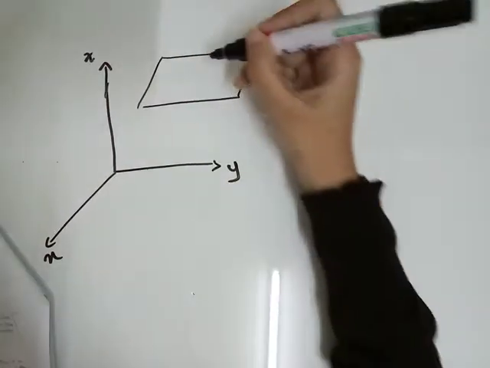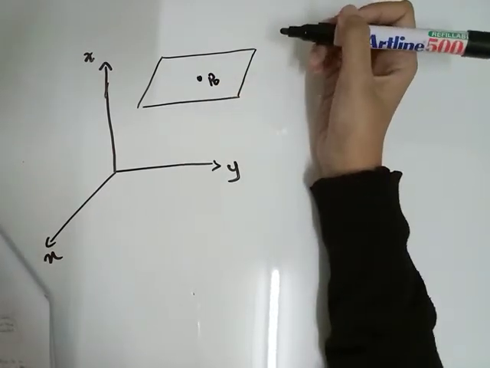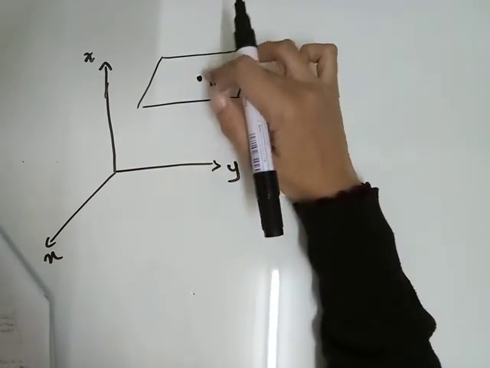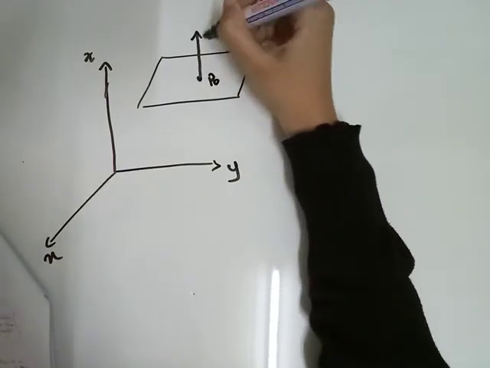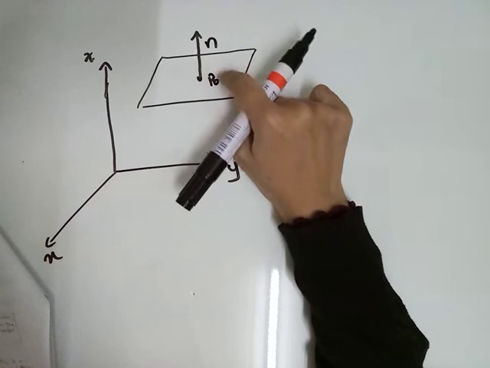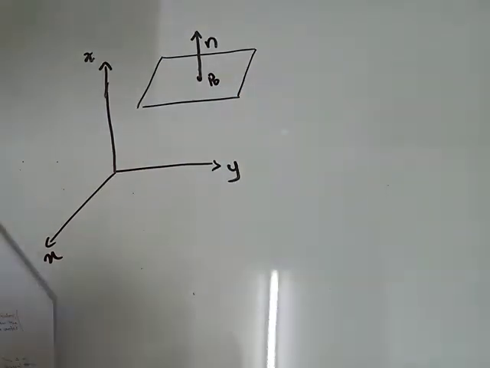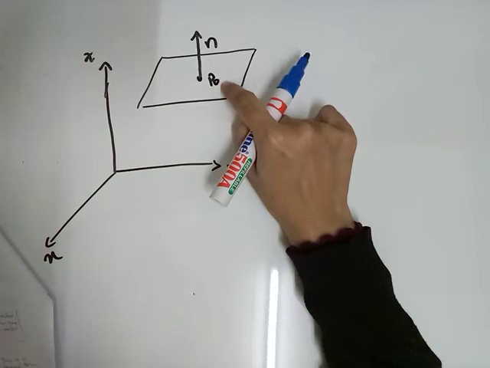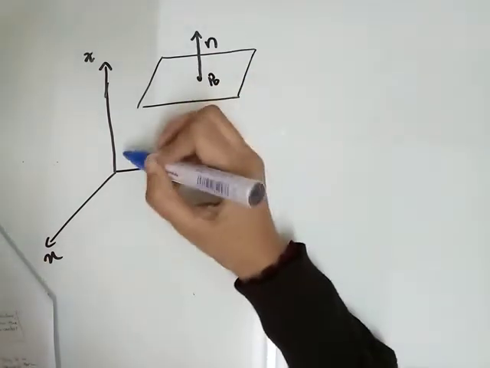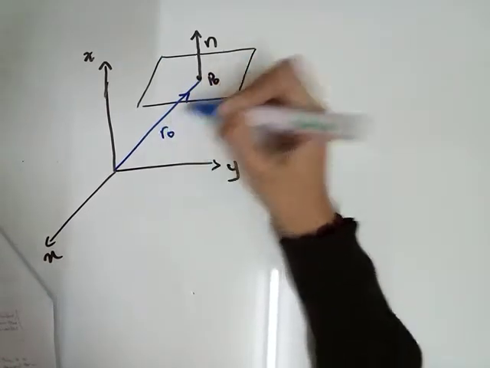Let's say we have a point P naught here, and from point P naught we have a vector, which we call n, perpendicular to the plane. For point P naught, we have a position vector, which we call r naught.